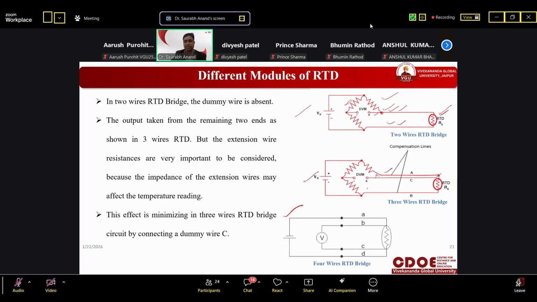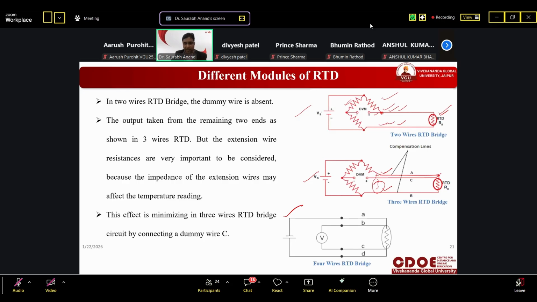It is not connected or mingled here. This is a different wire, the same wire, but these wires are now separated. It has become 2. So 2 plus 1, 3 wire. So this is the 3 wire. So what is the advantage?